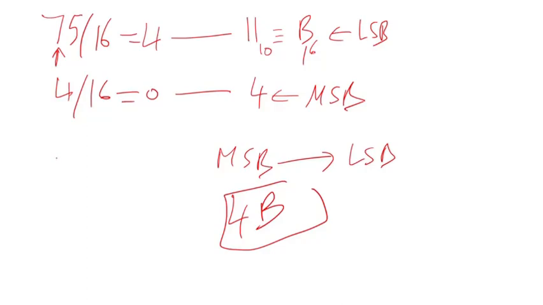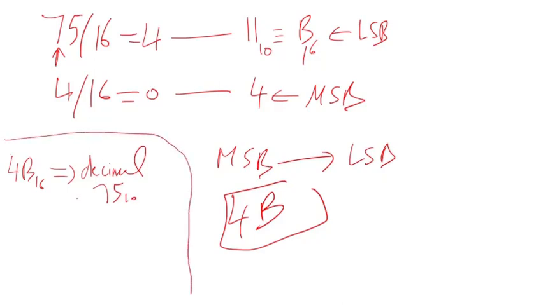So if I have 4B in base 16 and I want to convert it to decimal, which in this case should be 75 base 10, let's verify how we do that. So what is B? B is 11 in decimal.